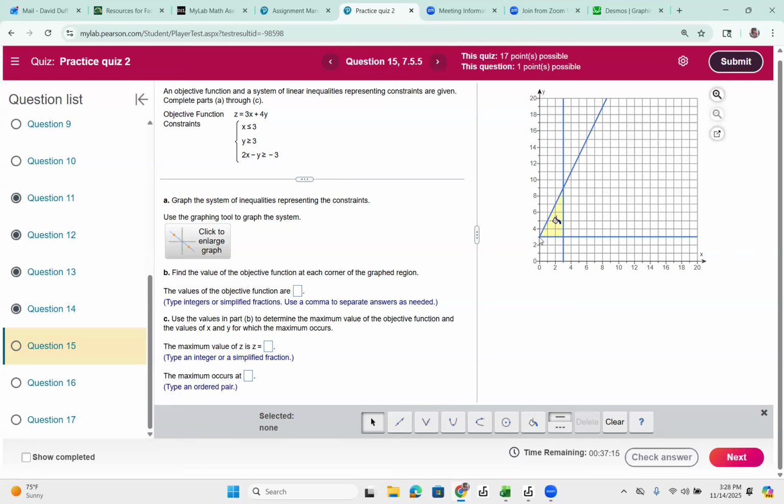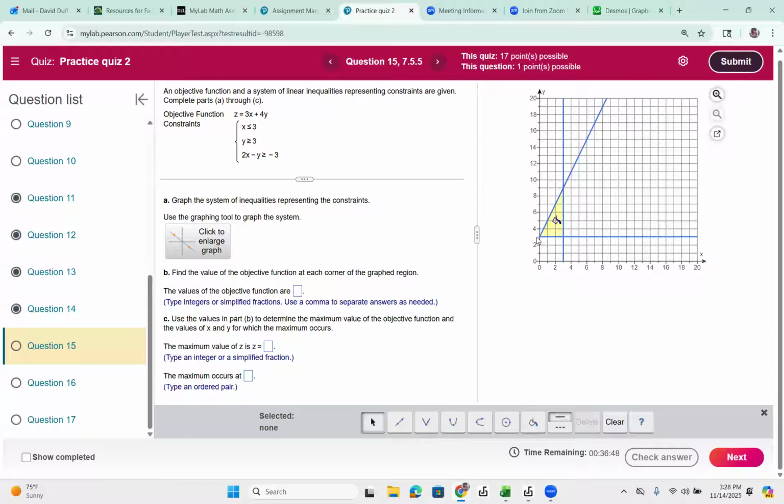So 0, 2 first means you're heading along the x-axis first. I'm not traveling along the x-axis. I'm on the y-axis. So my x value will be 0. And then I go up 1, 2, 3. So that first point A would be 0, 3.